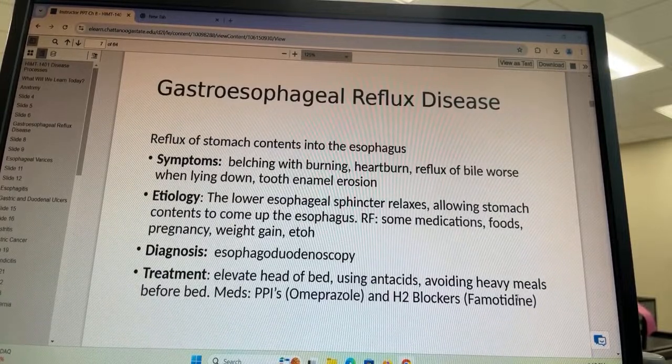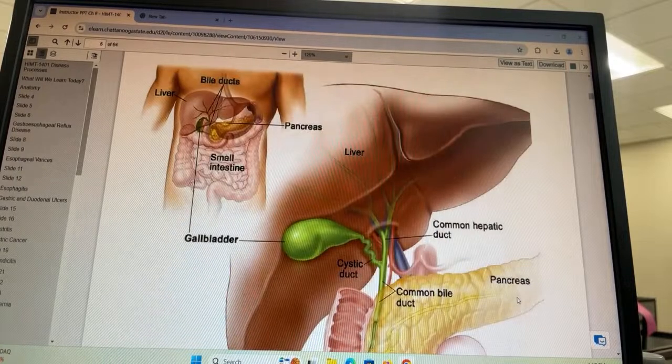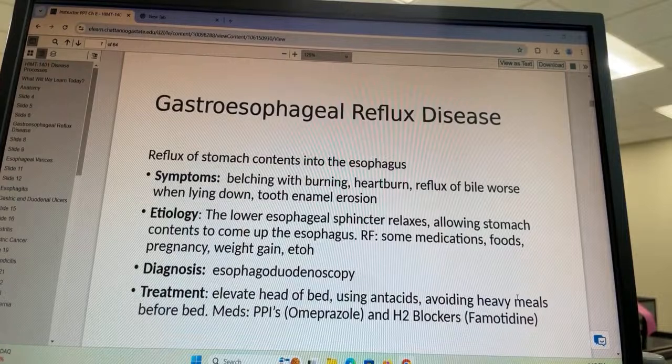So why is this happening? There is a sphincter on the stomach, and let's go back and look at the stomach real quick. Where the esophagus meets the stomach, there is a sphincter called the lower esophageal sphincter, which makes sense because it's the lower end of the esophagus. Its job is to keep the stomach acid inside the stomach.